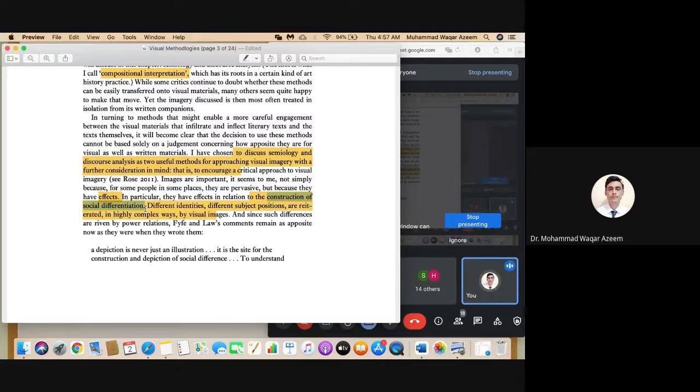Now, in the case of the picture where you see one woman and 19 men in one picture, again, a social differentiation has been created over there as well. But this is a kind of social differentiation where one group has been privileged over the other, right? So this is the role that visuals play.